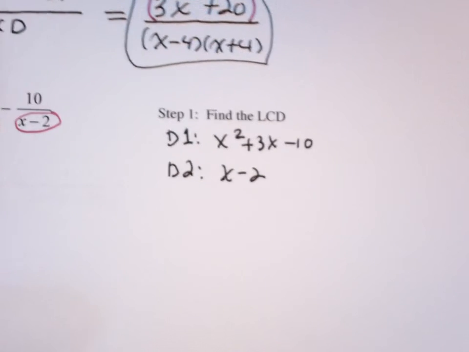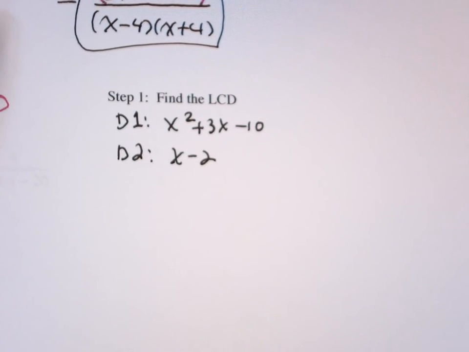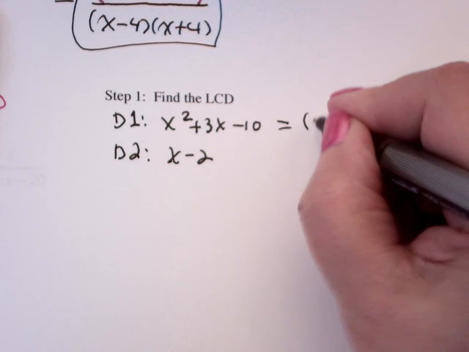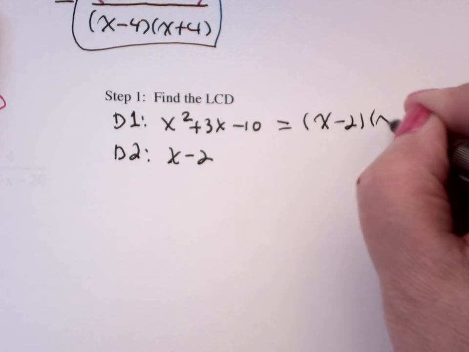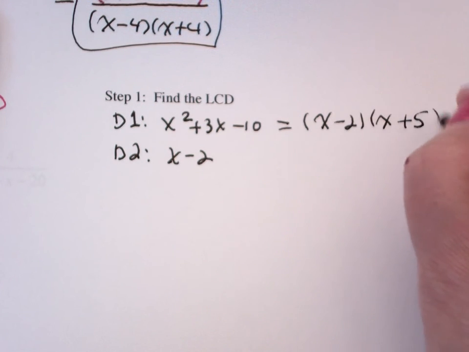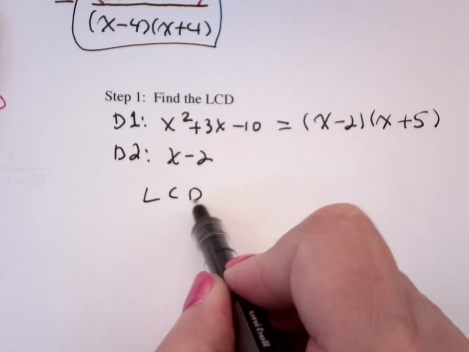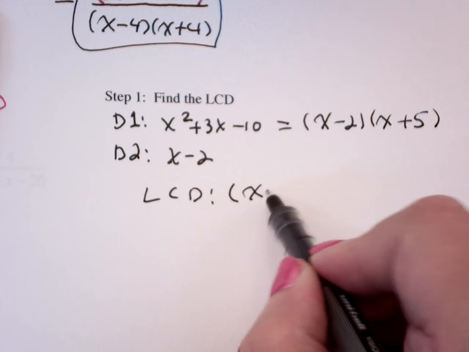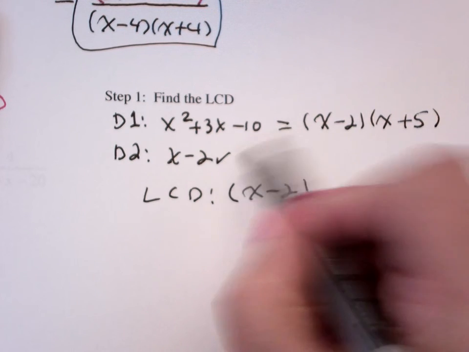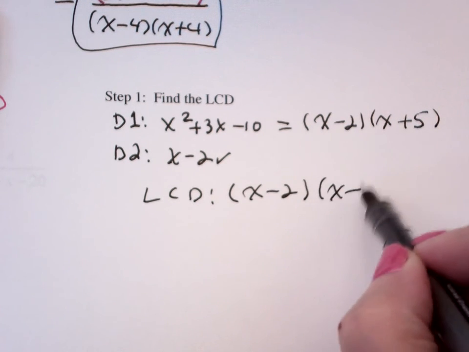So I'm going to move this over here and do my work. This factors into x minus 2, x plus 5, and x minus 2. So if you take a look at it, the LCD is just x minus 2, that's this guy, and x plus 5.